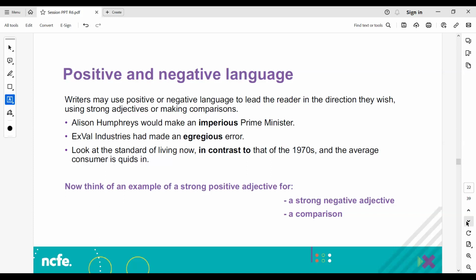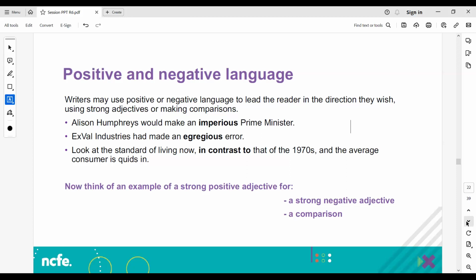Then the writer is not really helping to form our opinion. We might just think, oh well, people make errors all the time, it's not that bad. But using that word egregious, an enormous, terrible error, straight away we've got a negative opinion of Exval Industries.